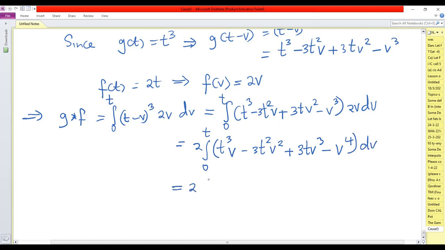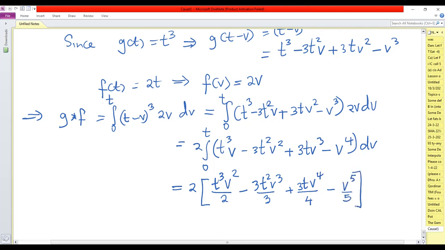So this would be 2 times the integral of this term with respect to v: t power 3 v power 2 divided by 2 minus 3t squared v power 3 divided by 3 plus 3t v power 4 over 4 minus v power 5 divided by 5, with v from 0 to v equals t.